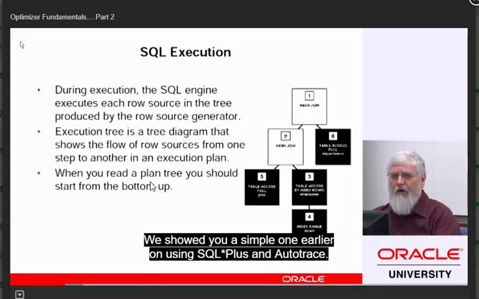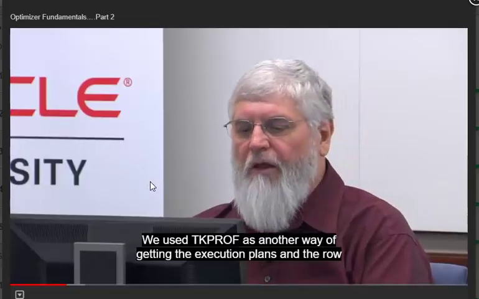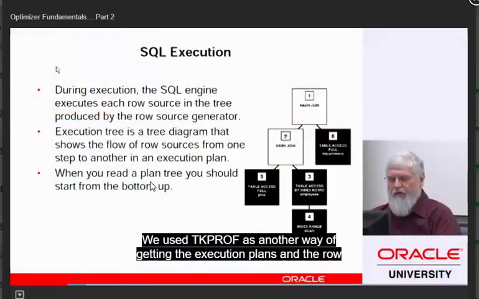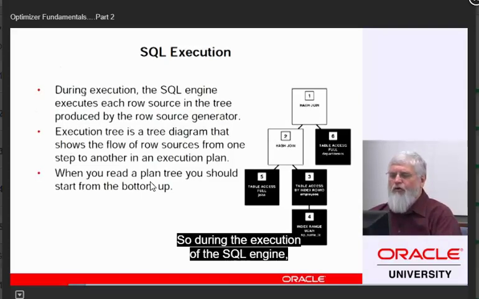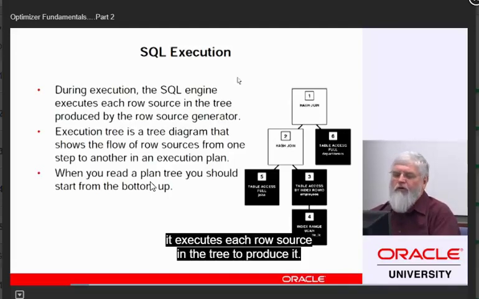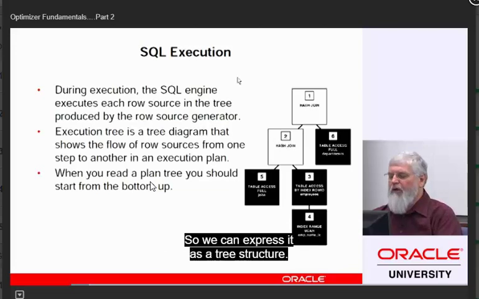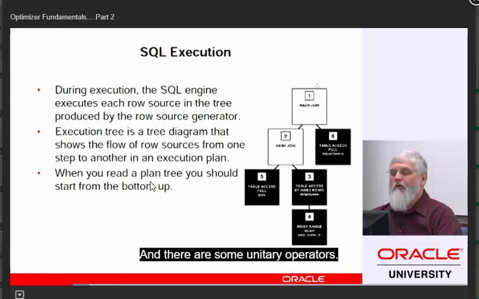During the execution of the SQL engine, it executes each row source in the tree to produce it. So we can express it as a tree structure. There are some unary operators, there are binary operators, and there are some things that take n-tuple operators, but a join is a binary operator.